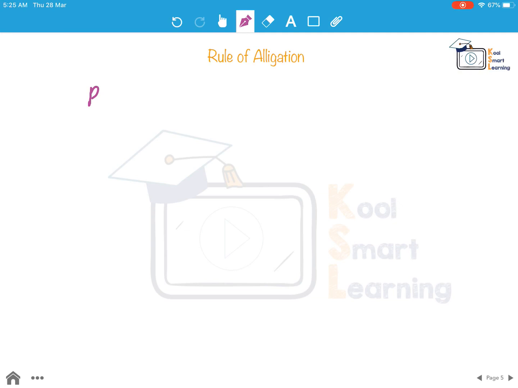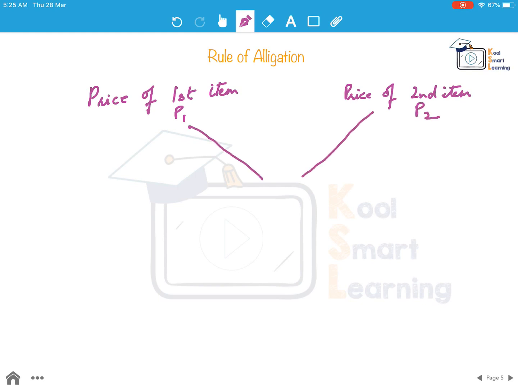We will show it pictorially now. Now if we say this is the price of the first item, let's call it P1, and this is price of second item, let's call it P2. When these two are mixed together, we get a mixture whose price is now PM, which is the mean price.